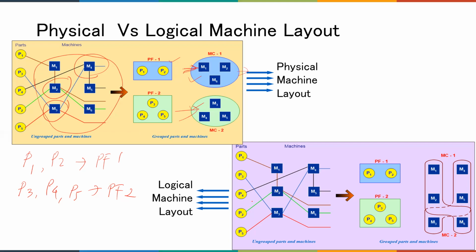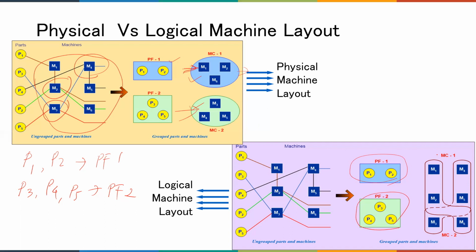But in the logical machine layout, we already group it according to part family. However, maybe there are considerations. Moving the facility or the machines, or relayouting, might be too expensive. So they decide to make a better movement or better scheduling, if we are talking about how we can minimize the makespan and the overall processing time inside the whole process.